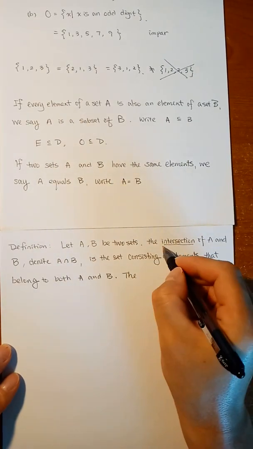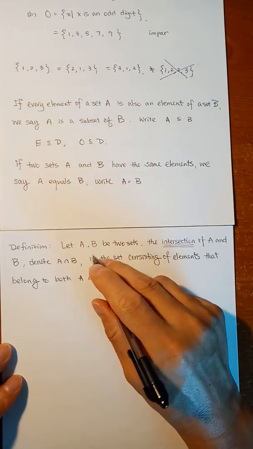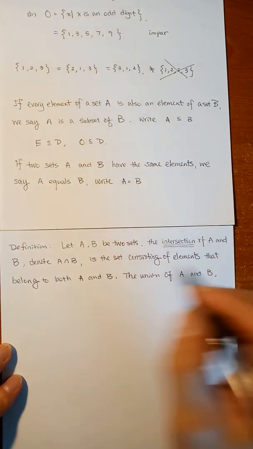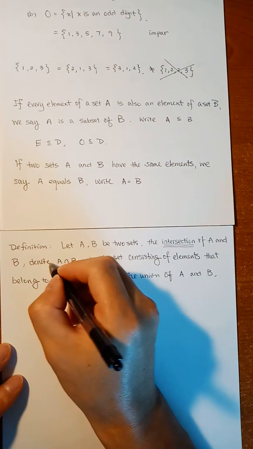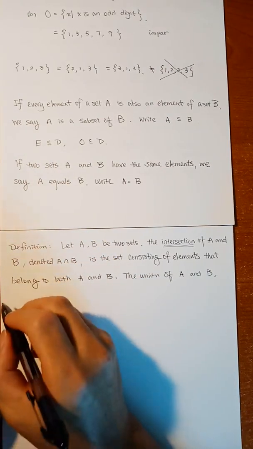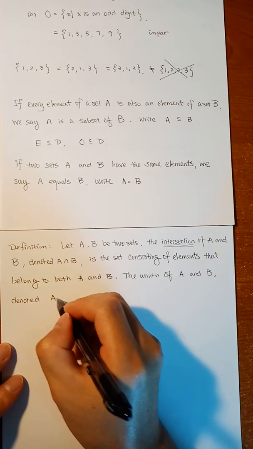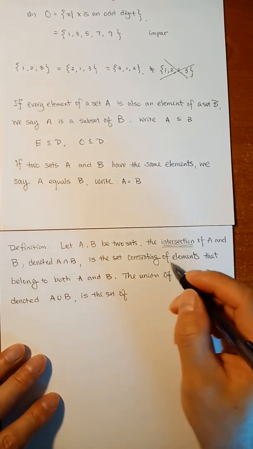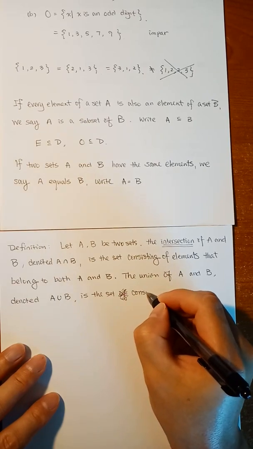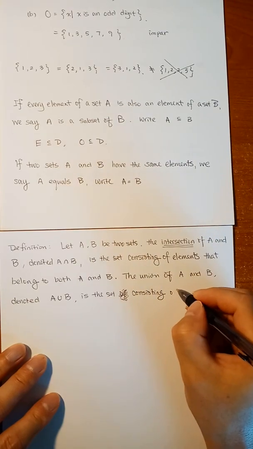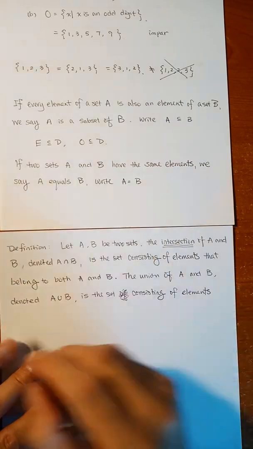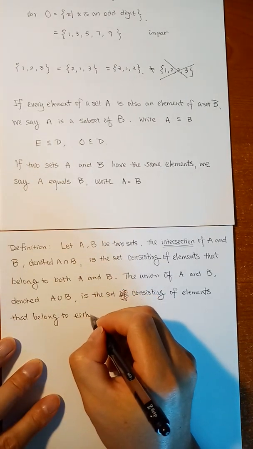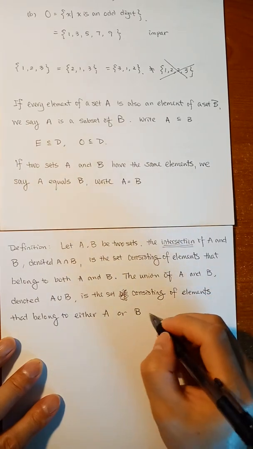The union, this is one definition, intersection. And the second one, about two sets: the union of A and B, denoted A cup B, A union B, is the set consisting of elements that belong to either A or B or both.